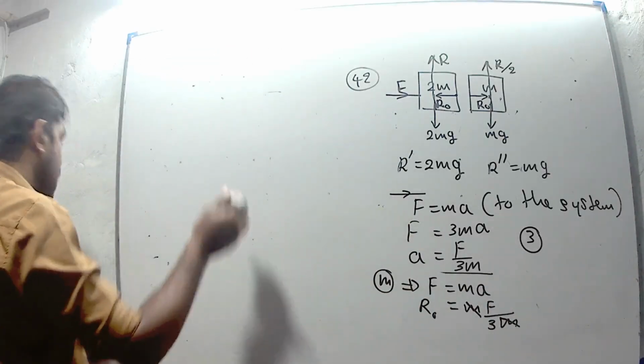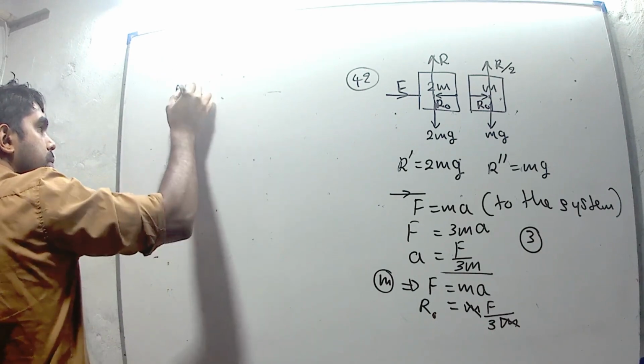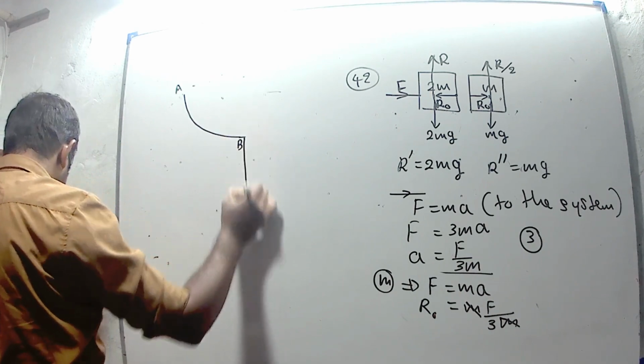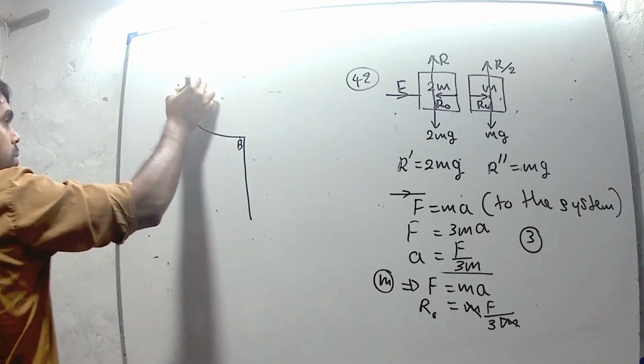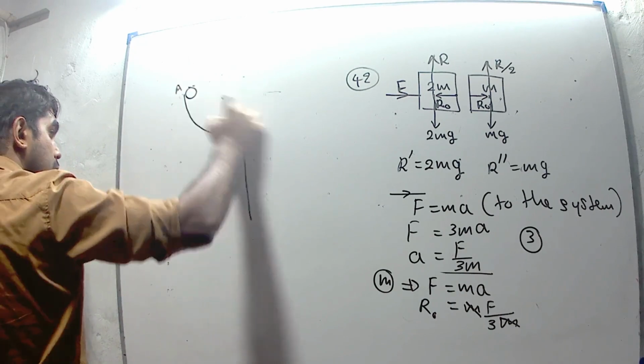There is a path like this: A, B, then object O. So the object is moving in this direction.